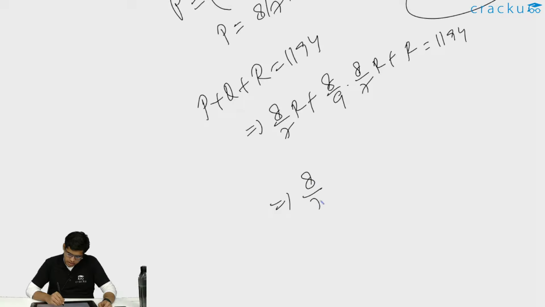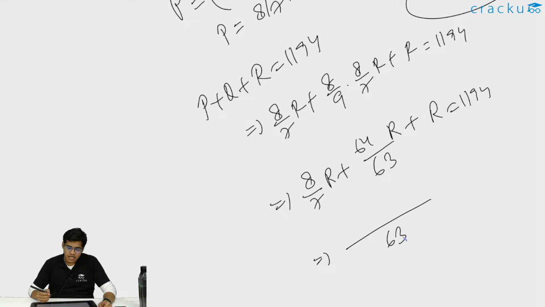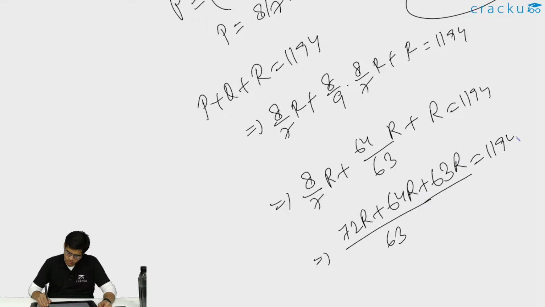So 8 by 7 R plus 64 by 63 R plus R equals 1194. Taking 63 as the LCM, this would be 72R plus 64R plus 63R equals 1194.